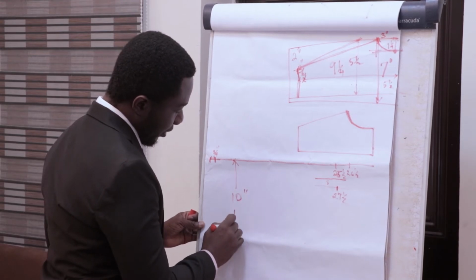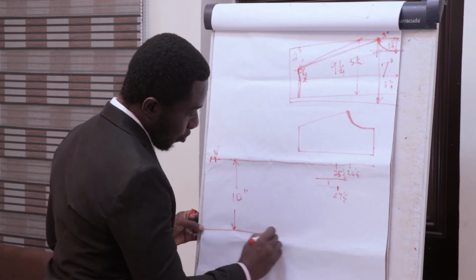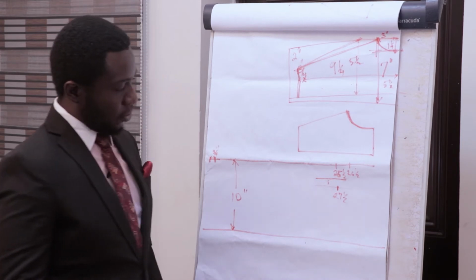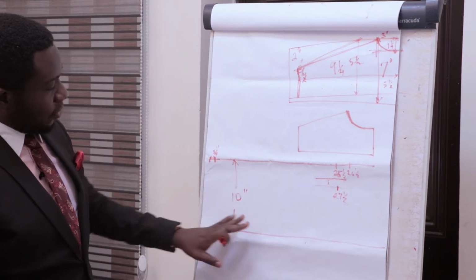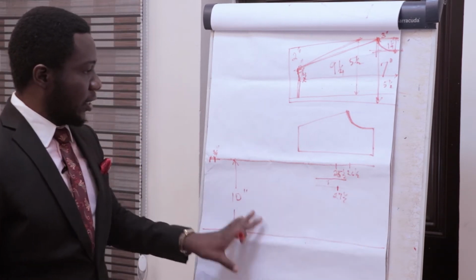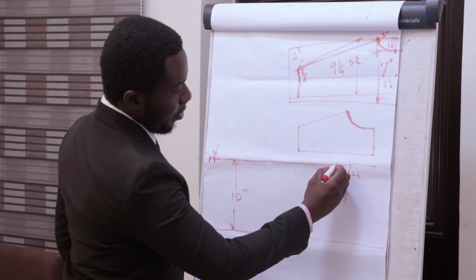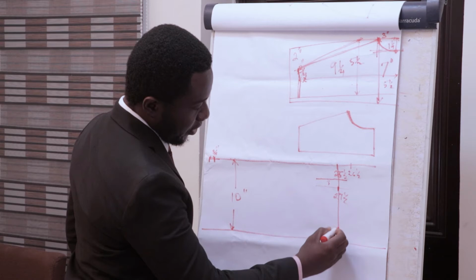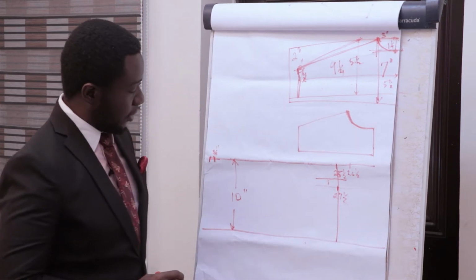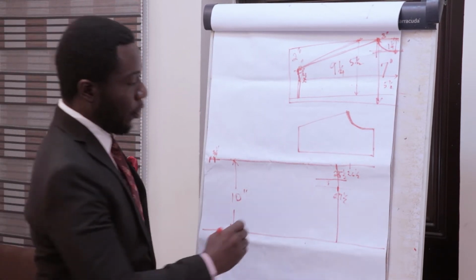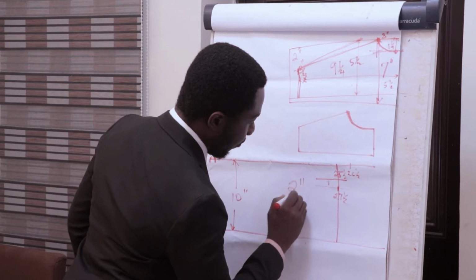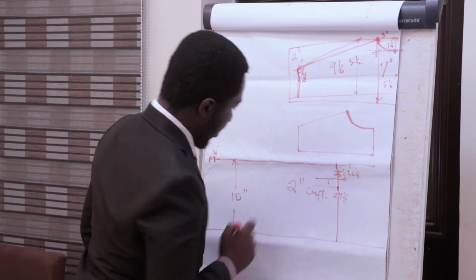So this 10 inches is what I am going to cut based on. This is your 10 inches flowing. This is where the sleeve is going to get to. Say if we want to use the 2 inches cuff, this is where your 10 inches stops, Abby, right? So this is planned for a 2 inches cuff.